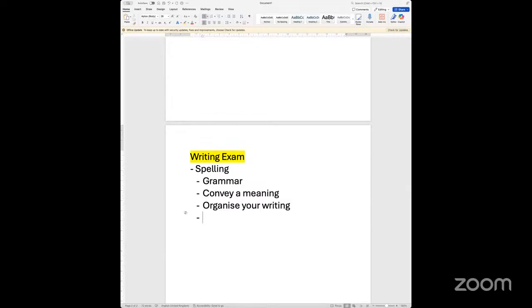Then there are additional bits that you can do when you are accomplishing this. One is, because it is a level 2 exam, which is GCSE equivalent, one of the things you have to keep in mind is that you must be able to write at an appropriate level. That means whatever you're writing has to be at a level wherein it makes sense.